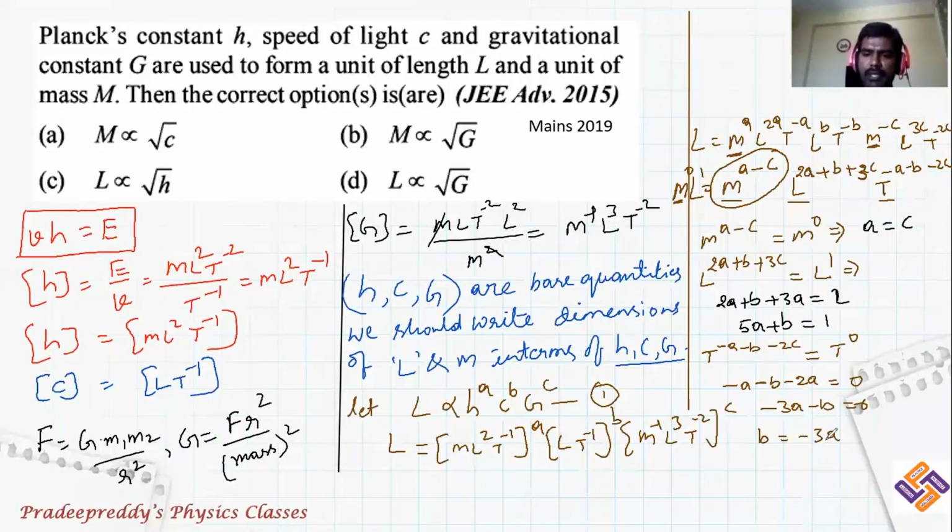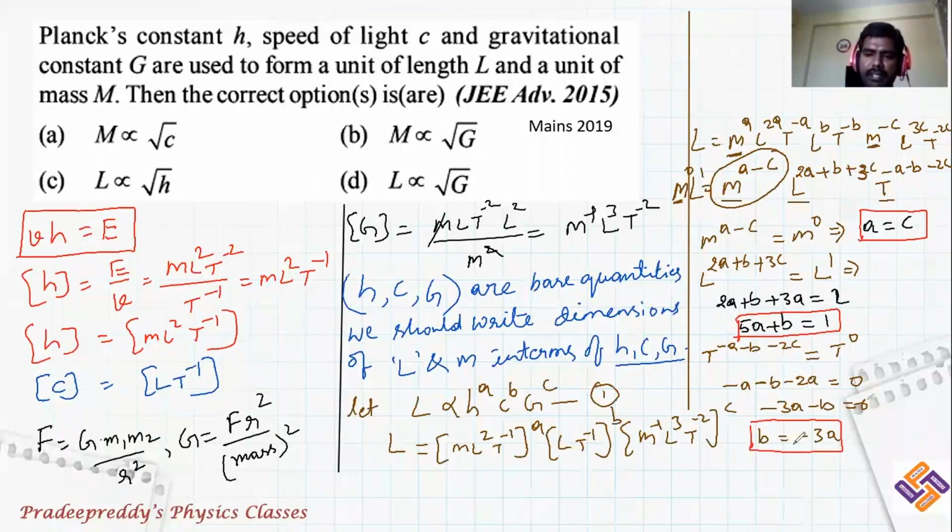Take this B value and substitute in this expression. I'll mark those relations: A is equal to C, this is number 1; 5A plus B is equal to 1, this is number 2; and B is equal to minus 3A, this is number 3.